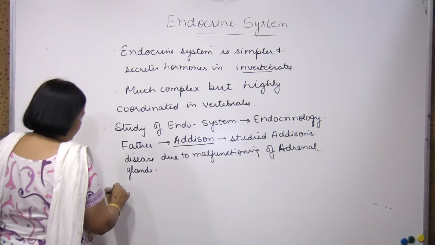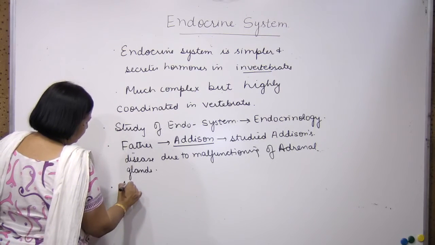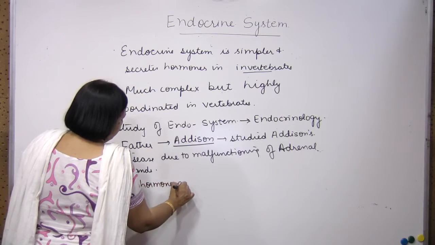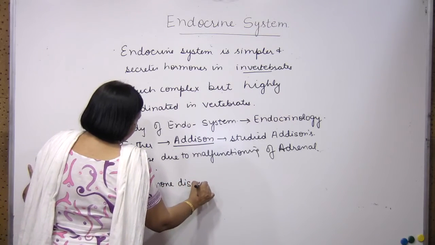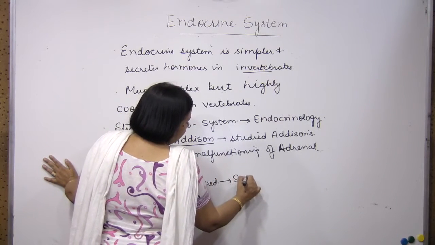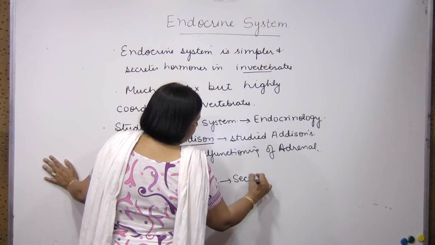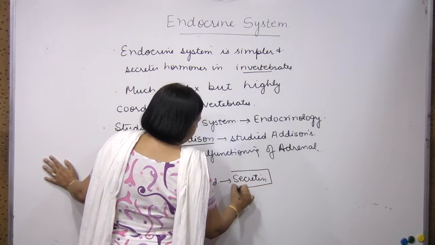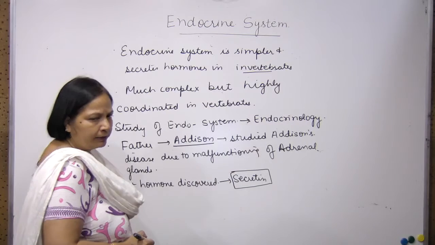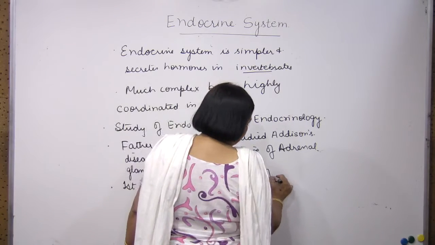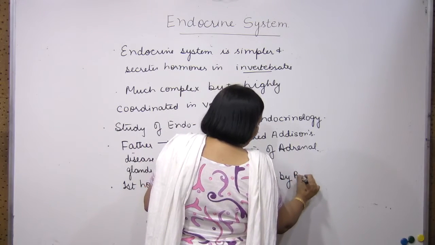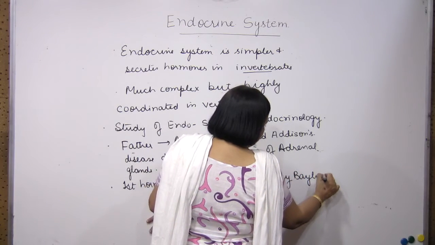The first hormone discovered was secreted by the gastrointestinal tract, and it was discovered by Bayliss and Starling.